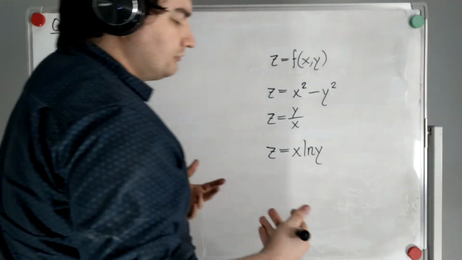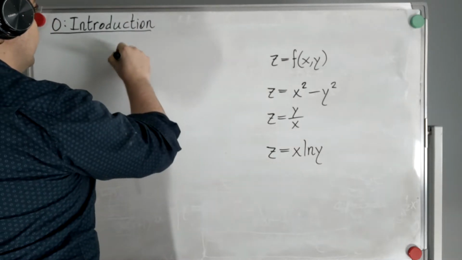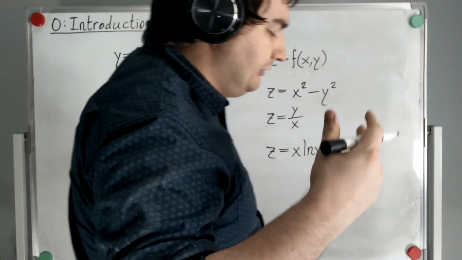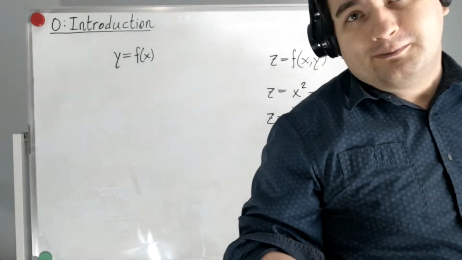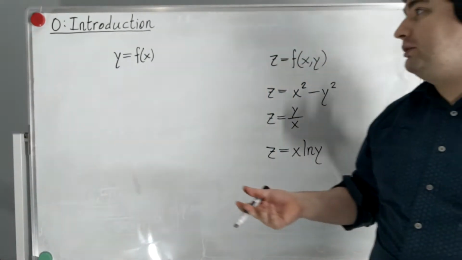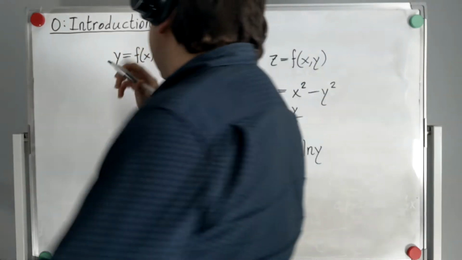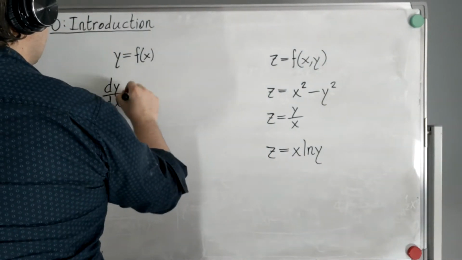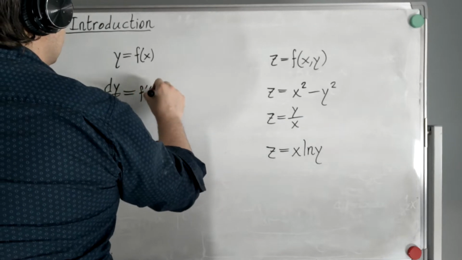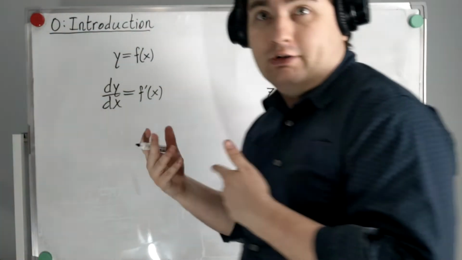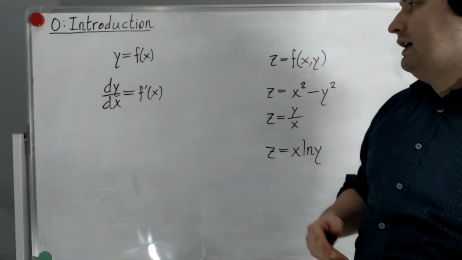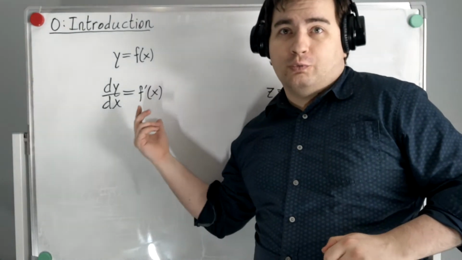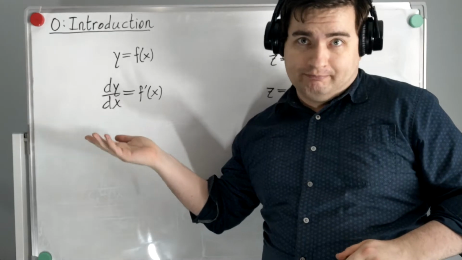So, if I give you a function that looks like y equals f of x, and I ask you for the derivative, hopefully you know what that means at this point. You recognize that, okay, we've got to take the derivative of this function, which you do the same way that you did in Calculus 1, and then whatever that is, that tells us how y depends on x, right?